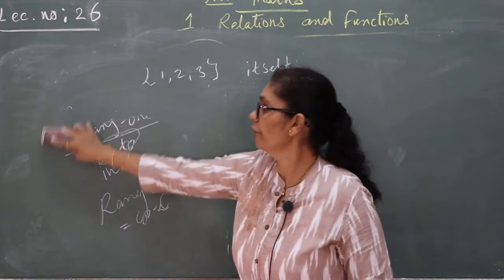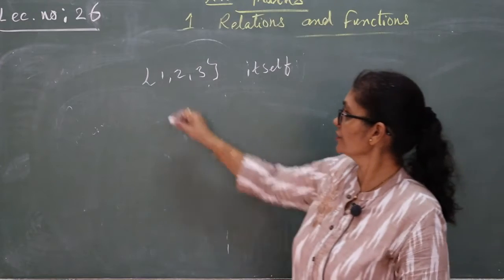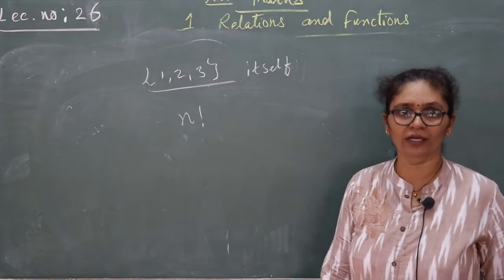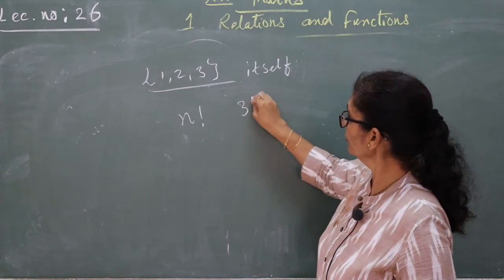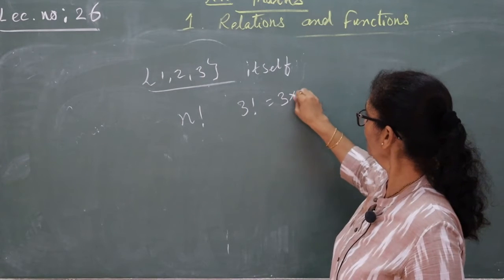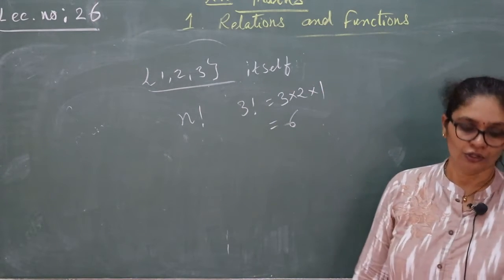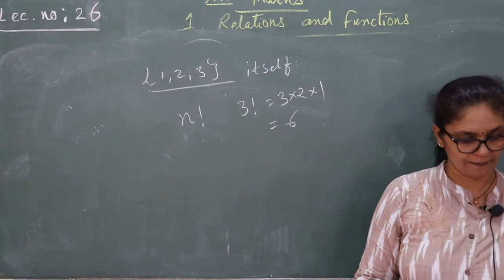We have one formula for it: the number of one-one relations of n terms with itself is n factorial. So simply follow this formula for 1, 2, 3. With 3 factorial, what is the meaning of 3 factorial? 3 into 2 into 1. So we will get 6 different relations for this.